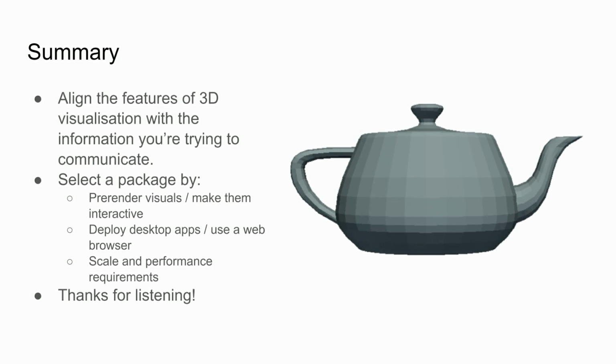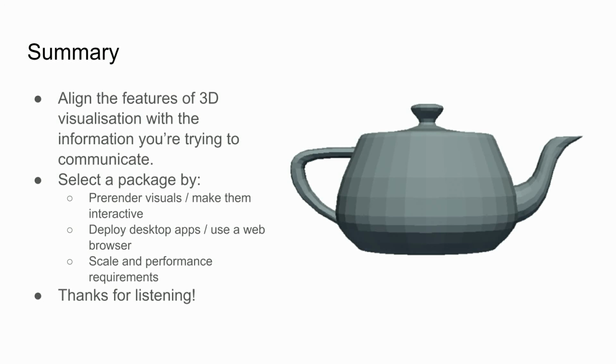Out of all that big selection of packages I've shown you, some things to think about when you go to choose one of them is whether they support doing pre-rendered visuals, if your aim is to include them in a presentation or a talk, or whether you want to have interactive 3D visualizations, because that's a different set of libraries.